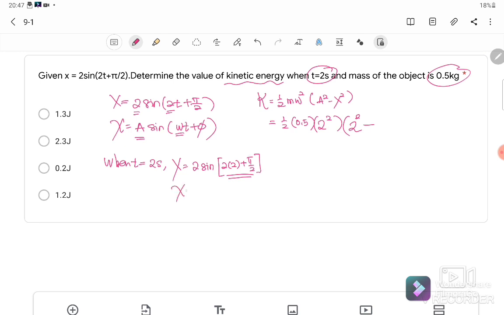Okay, so if you press the calculator, the displacement when t equals 2 seconds, we will get negative 1.307. Okay, so we substitute into the equation where x when t equals 2 seconds is equal to negative 1.307 squared. Okay, so if you press the calculator, we will get 2.29 joule. Okay, so the answer is B.